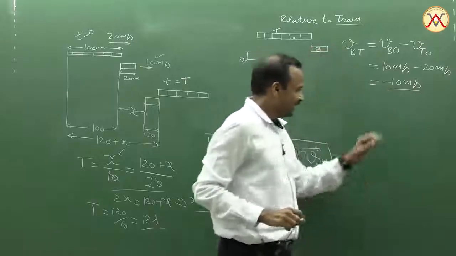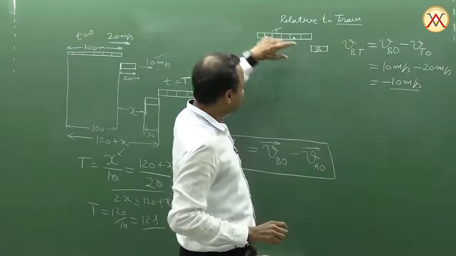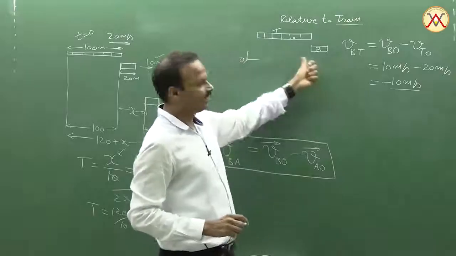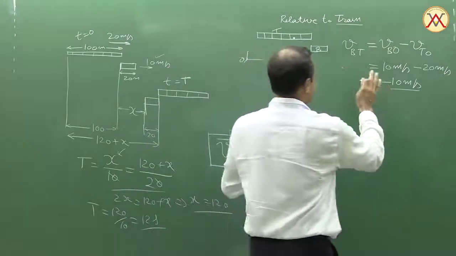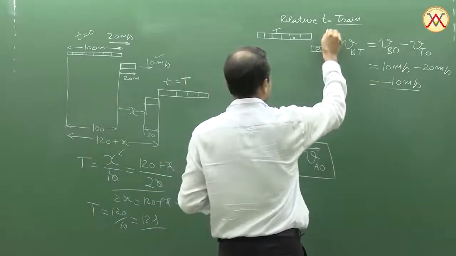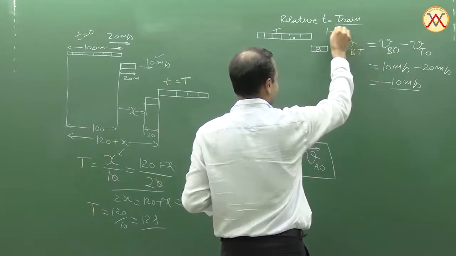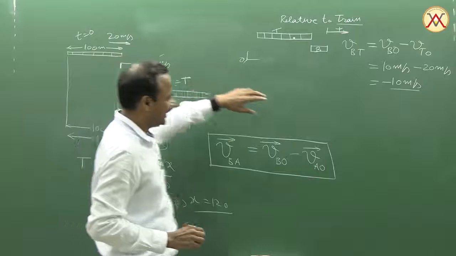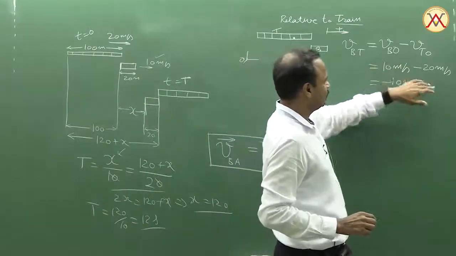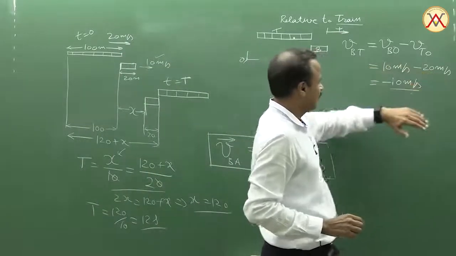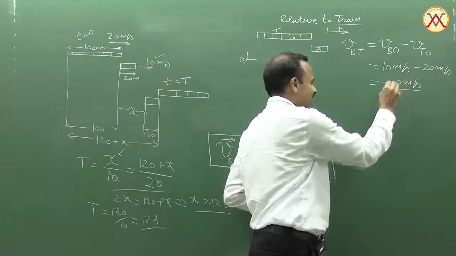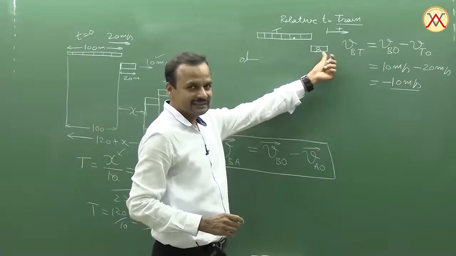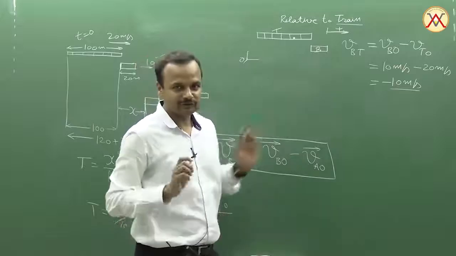What does it mean? It means that as seen by the train, the bus is going towards left. Our sign convention here is that we are taking the towards right as positive. That is why we took the velocities of bus and train as positive. VBO, VTO, I have put positive values here. Now this negative relative velocity of bus as seen by train indicates that the bus is going towards left.